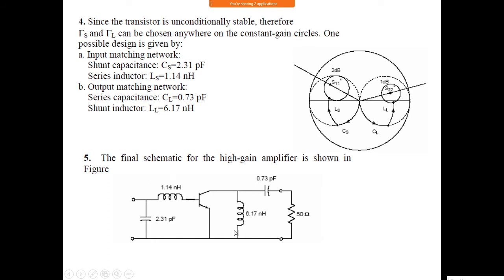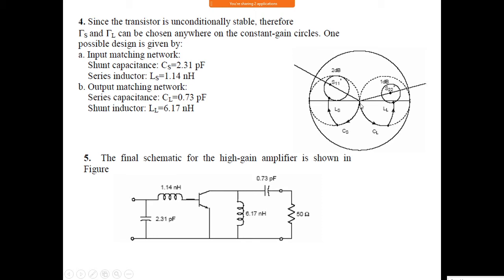Similarly for the output one, they started again here at 50 ohm. This is the 50 ohm marking, but from here you should reach this point. How to reach this point? Take the resistance circle passing through this point; some resistance circle will pass like this. So mark 50 ohm here first.